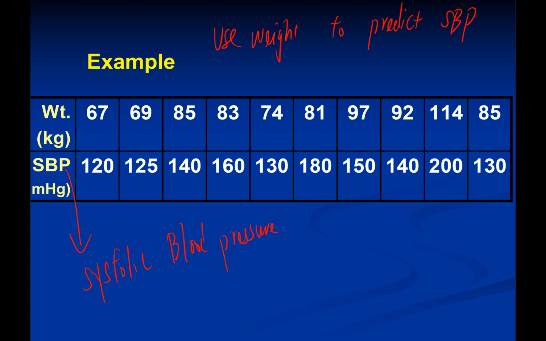So obviously weight is the independent variable, and systolic blood pressure is the dependent variable. So systolic blood pressure depends on the weight.